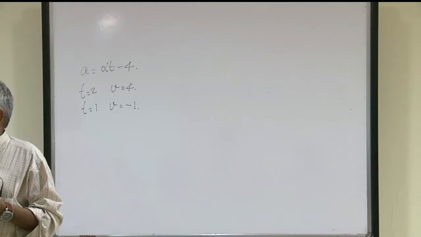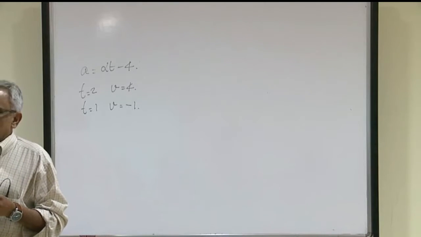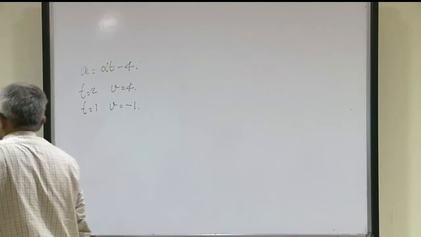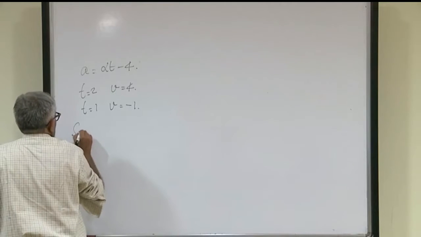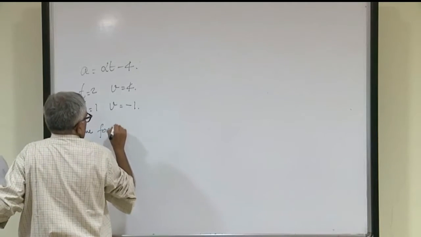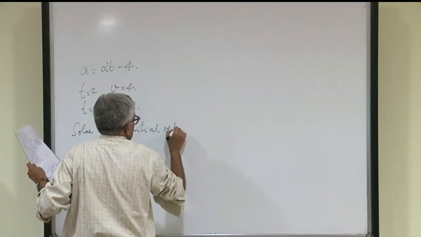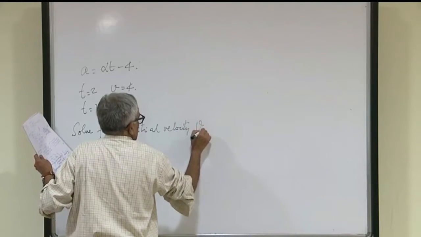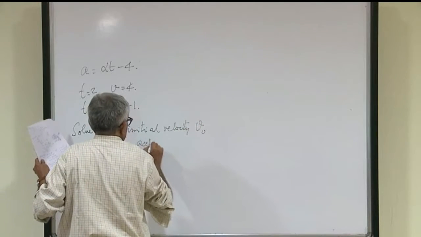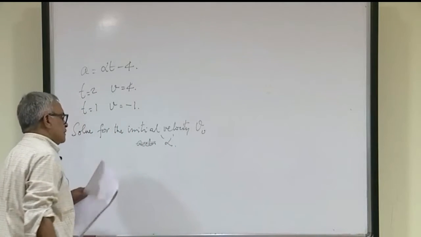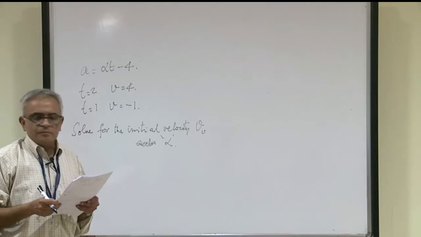Solve for alpha and v naught, that is, solve for the initial velocity v naught and alpha.